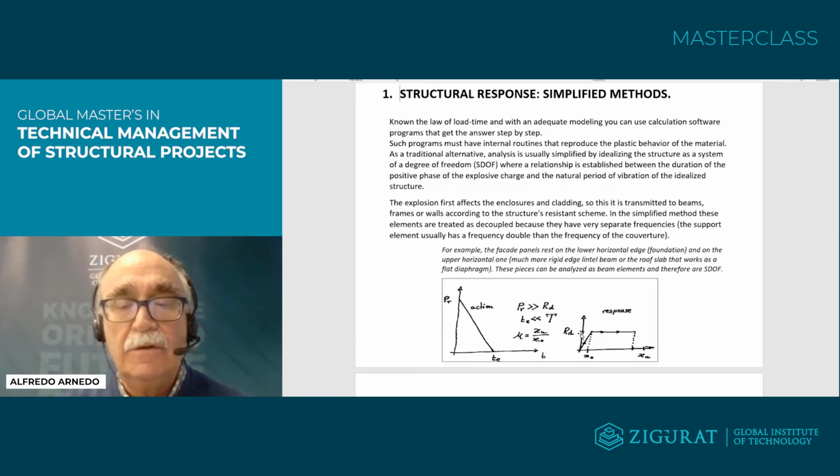Simplifying, the structure has a maximum resistance and a displacement coincidental with the linear behavior and an excursion in a plastic branch. So this is the relationship between pressure and resistance, time of duration, and period of the structure.